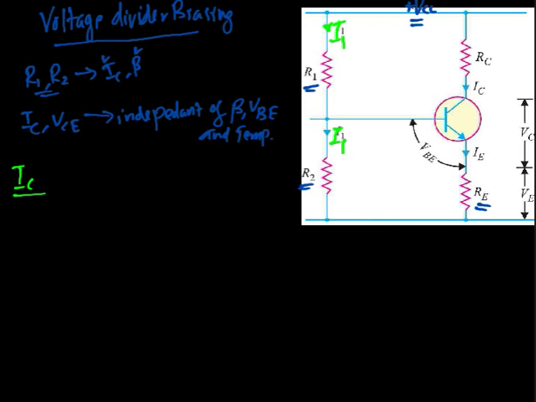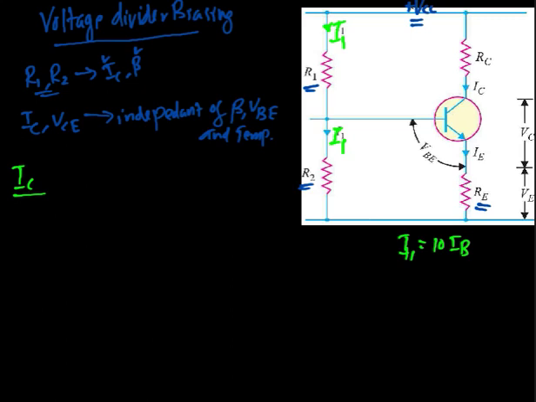Usually in practice, the value of I1 is chosen to be 10 times IB. So it is reasonable to take the current flowing through R1 and R2 as the same, I1.